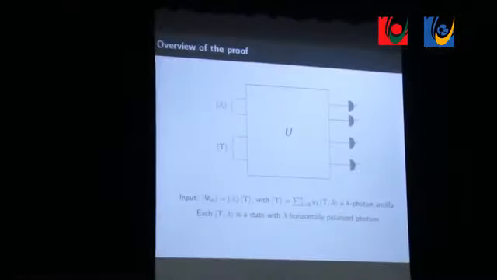If you have a linear interferometer, a set of single photons here and lots of vacuum states here, and then you measure the clicks here, the probability to have a click is given by a function called the permanent, which is known to be hard to compute.